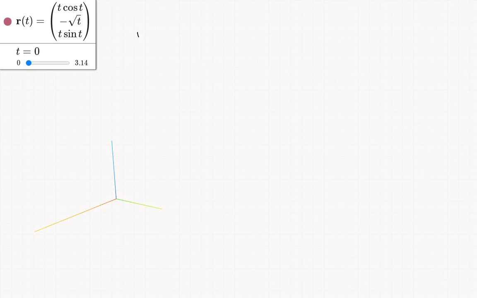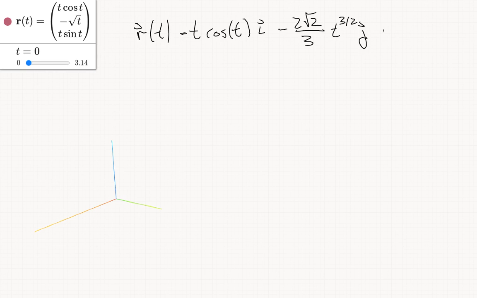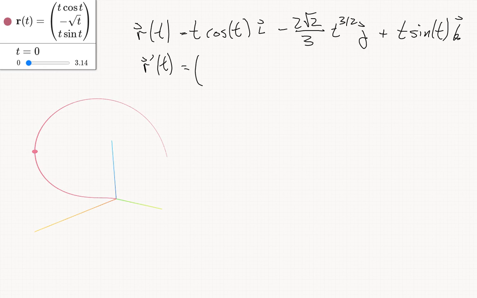Next, let's try a more complicated curve. So I'll take r of t is t cos t i minus 2 root 2 over 3 t to the 3 over 2 j, and then plus t sine of t times k. So that'll give us this interesting curve. Now, to find its velocity or tangent vector, we'll have to use the product rule.